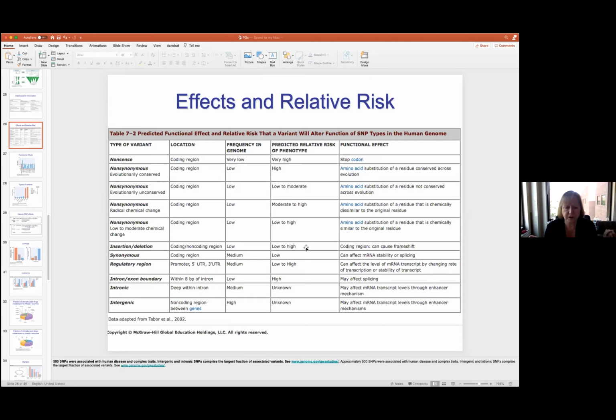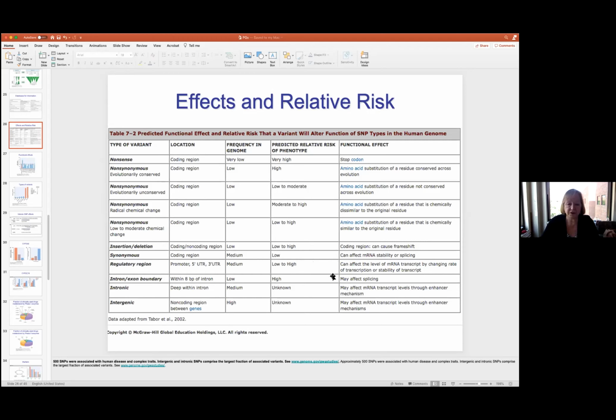So it could be a very low risk, especially if it's maybe in an intron or in a non-coding region, depending upon if it's not taking out a splice site, to a very, very high risk of a phenotypic change. So remember we talked about how a synonymous SNP can affect mRNA stability. It can affect splicing if perhaps this new SNP generates a cryptic splice site. So now you get an altered splicing mechanism going.